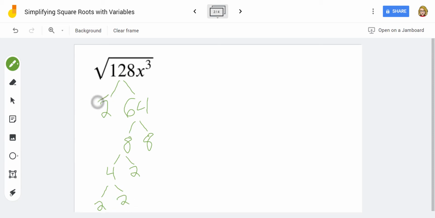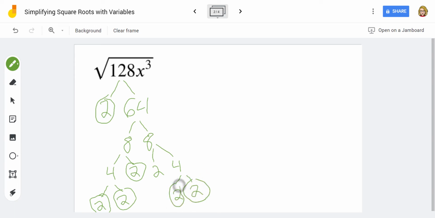And let me circle all my prime numbers while I'm thinking about it. Okay. And then again, I need to factor this other 8, which is 2 and 4 and 2 and 2. So in total, I have 1, 2, 3, 4, 5, 6, 7 2's.